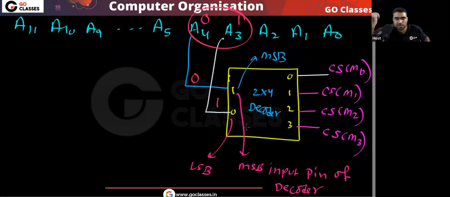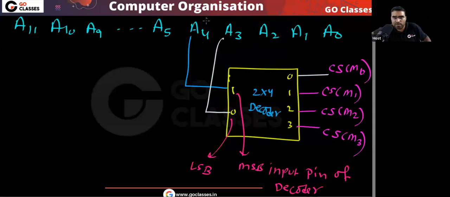So MSB is 0 and LSB is 1. So in this situation, this output will be 1 and all others will be 0. Yes or no? So here M1 will be activated. Correct or not?